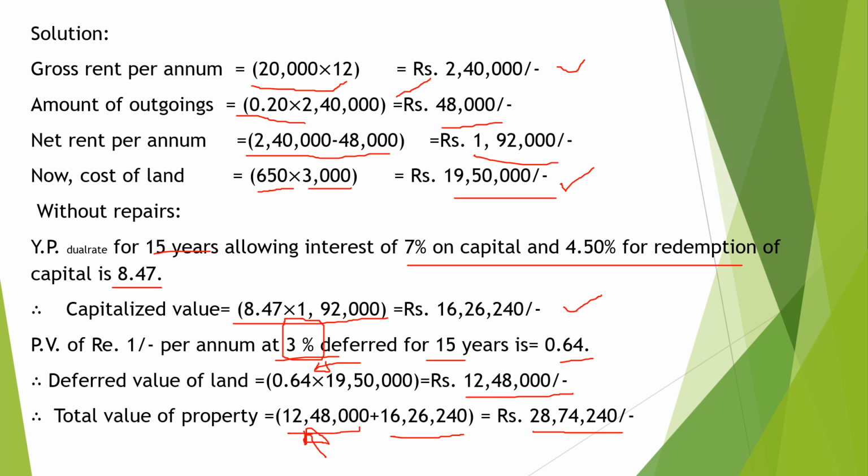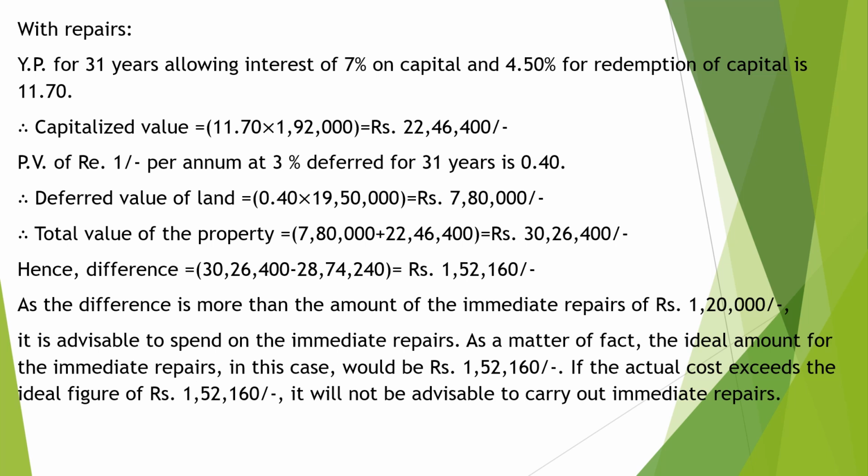So if no repairs are carried out, it means the value of the property will be 28,74,240. But see here, if the repairs have been carried out immediately, the building's economic life will be increased by another 16 years if the immediate repair of 1,20,000 is carried out.